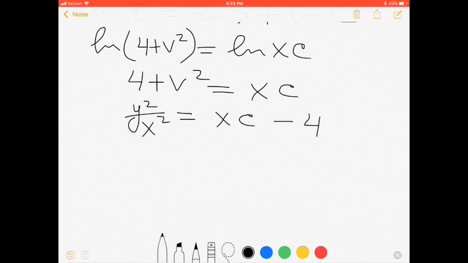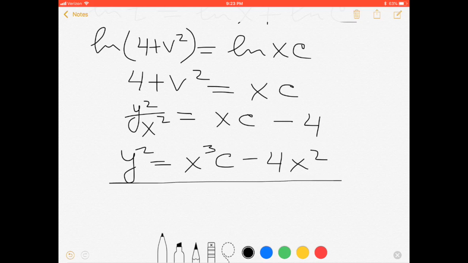And multiplied by x squared, we have y squared equals x cubed c minus 4x squared. I do not write a root here, because y in this answer can be positive or negative. If I write a root, it means y is only positive. I think it's better if we save this kind of answer.